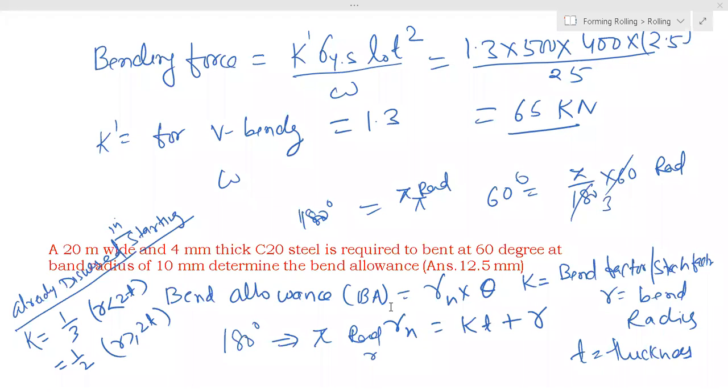Yes, fine, everybody. I think you got this. You R plus 0.5 into thickness. 60 degree into pi by 180, so 12.56. Now clear, Mohit and Rajat?